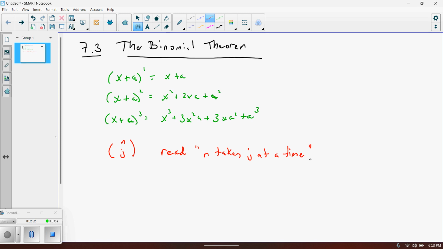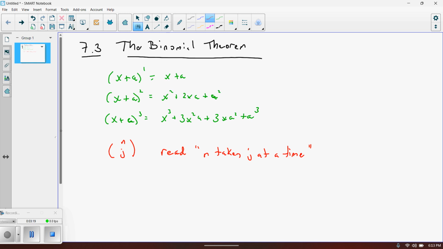So what that's telling me is I've got N things, and I'm going to take those J things at a time. Again, this is something which is heavily used in probability. Know that J has to be less than or equal to N at all times, and at all times these are positive values because the way these are defined is through factorial. So these have to also be whole numbers.